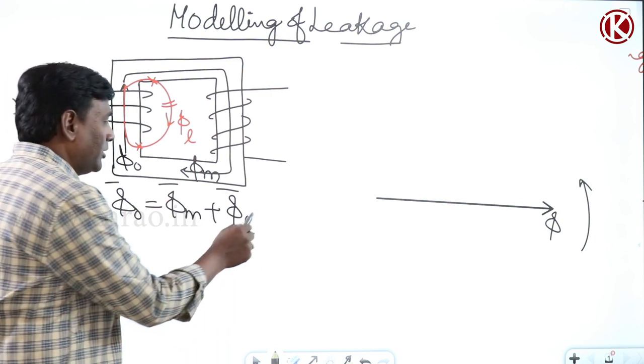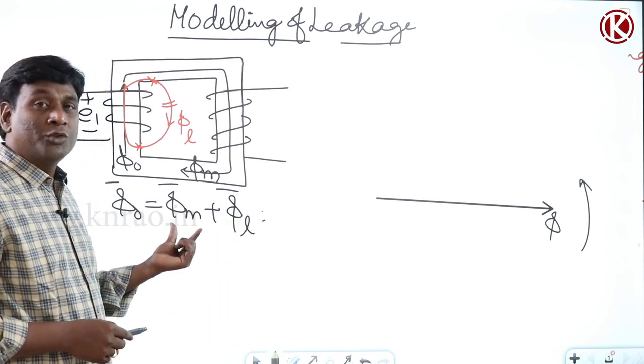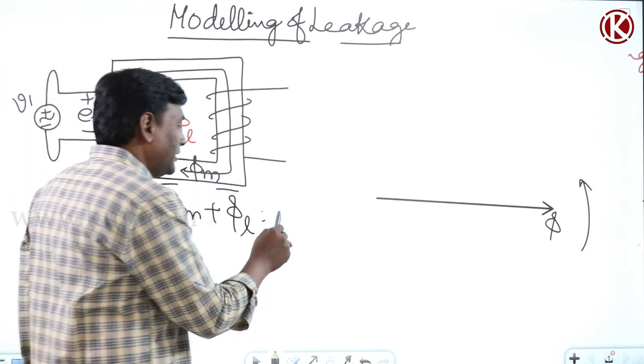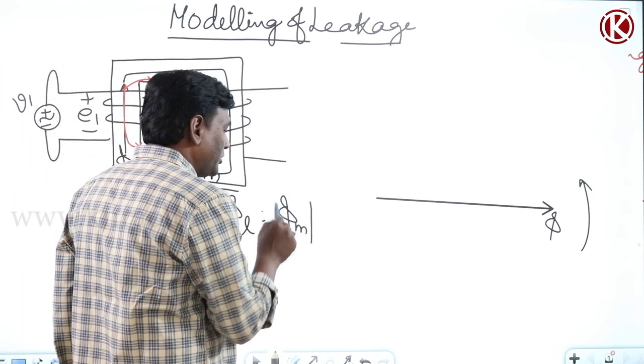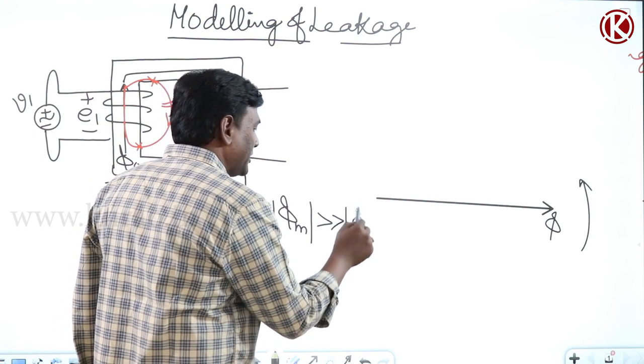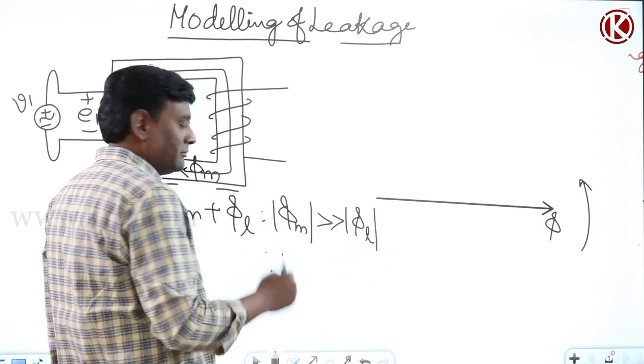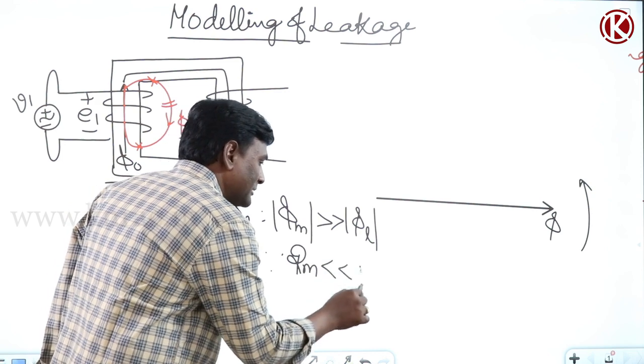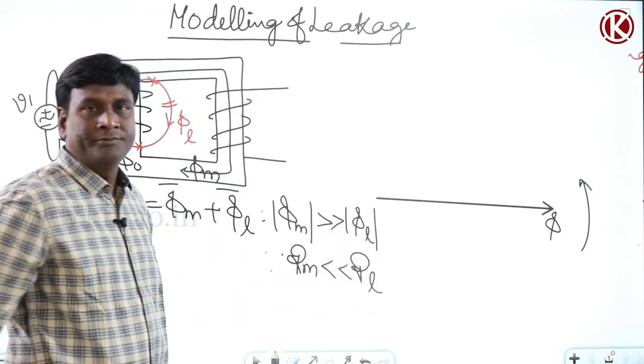Now, the magnitude of mutual flux should be more. Why? Reluctance is going to be less. So the magnitude of mutual flux is very, very high compared to leakage flux, because the reluctance of the mutual flux path is very, very less compared to the reluctance of leakage.